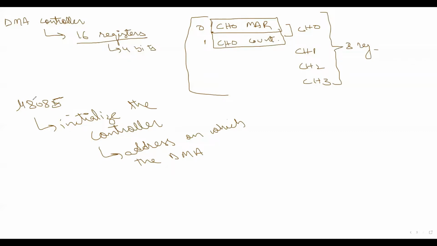So the microprocessor 8085 sends this memory address register. So it will initialize this memory register and the count registers as well. So there are initializations that are to be done before starting any operation.